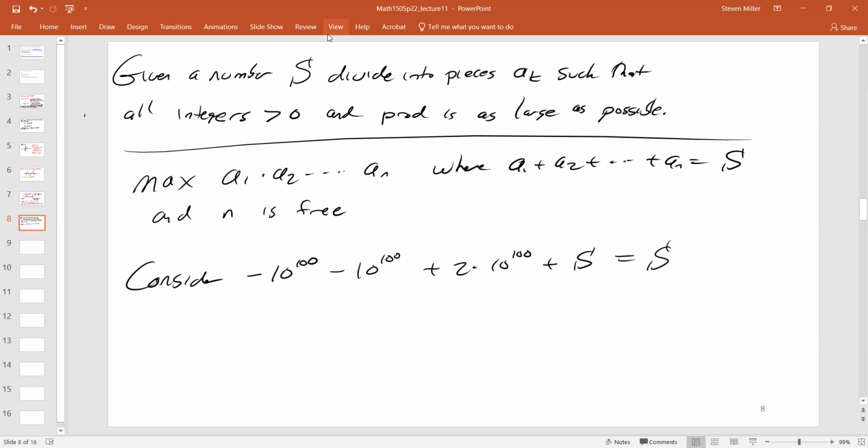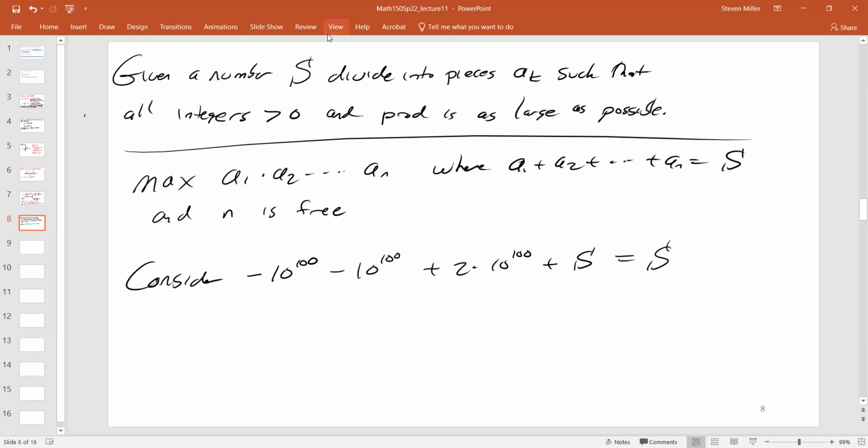Why don't I allow 0? So why don't I allow some of my terms to be 0? What am I trying to do? I'm trying to maximize the product.